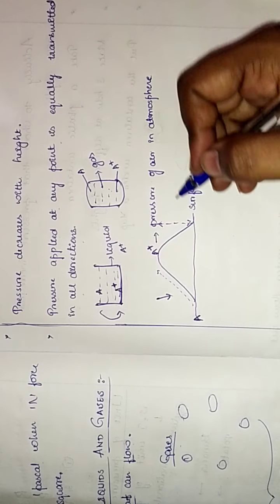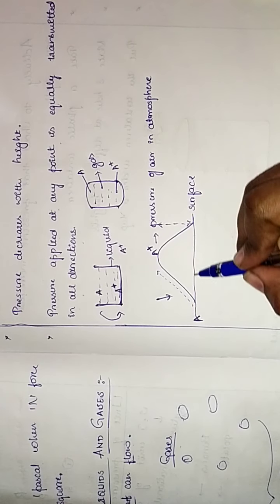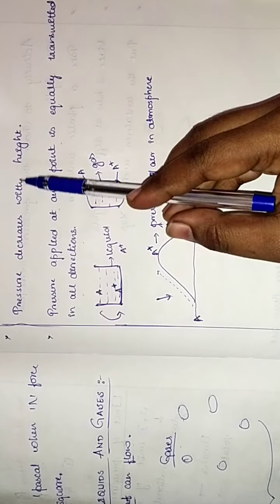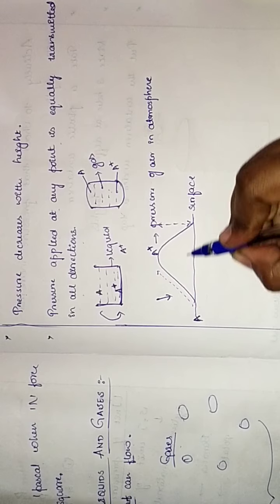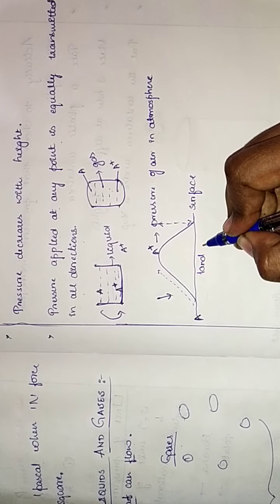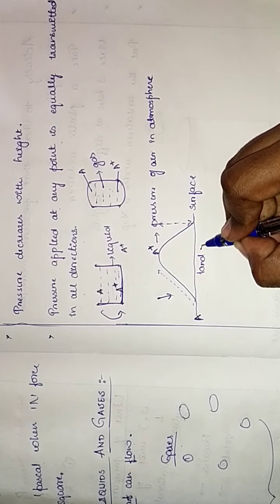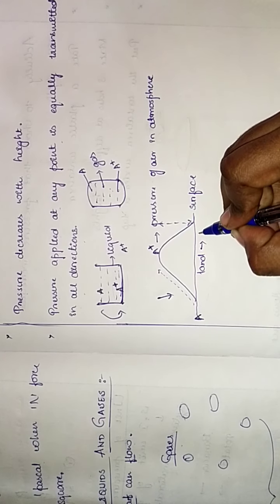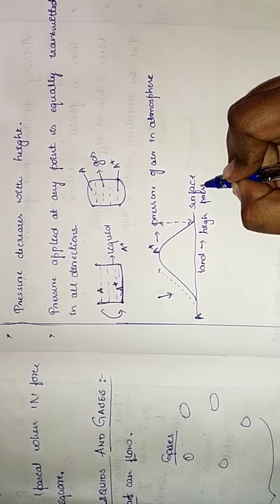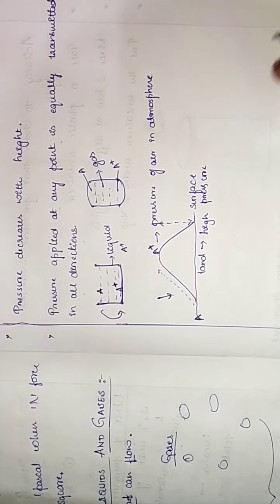Pressure will be more at the land surface. The second property is that pressure decreases with height. So obviously the land part will have the high pressure. Land contains high pressure. Got it, children? This is the second property.